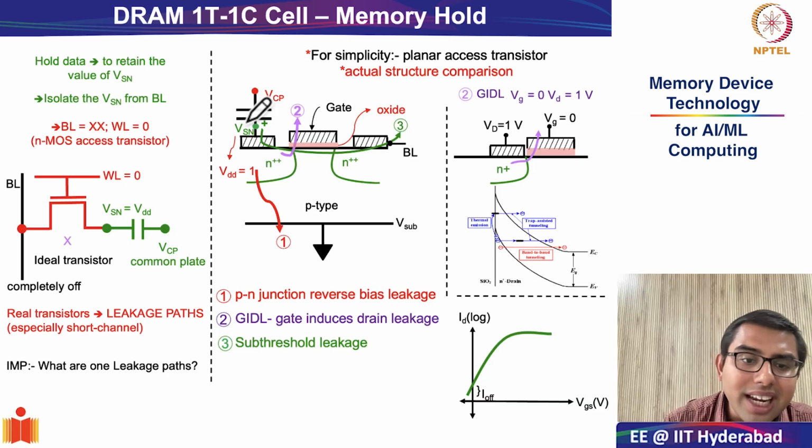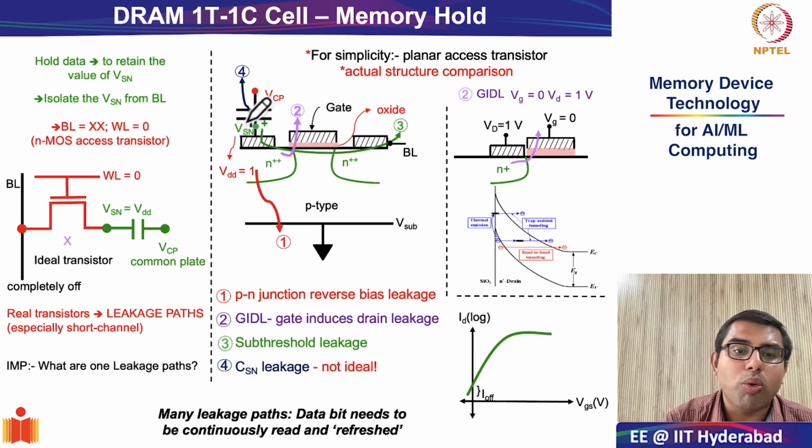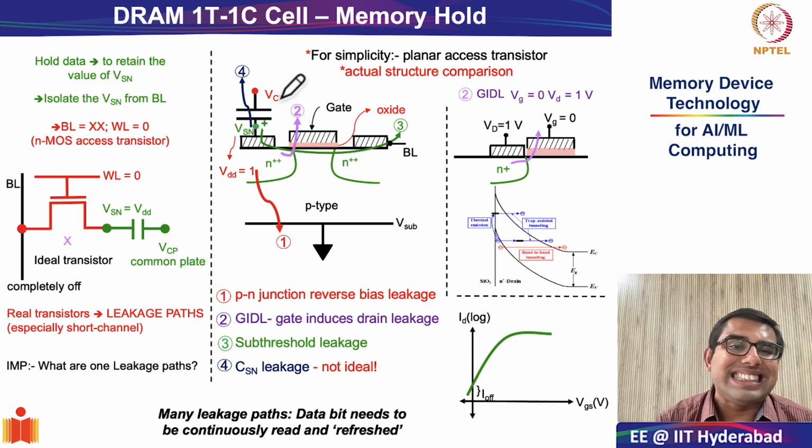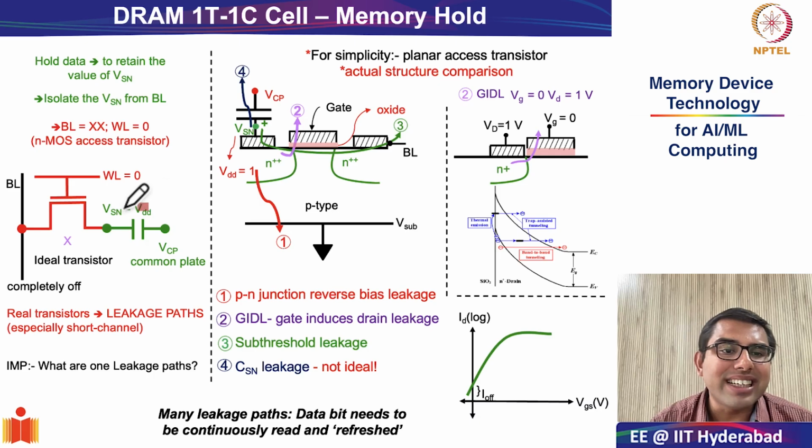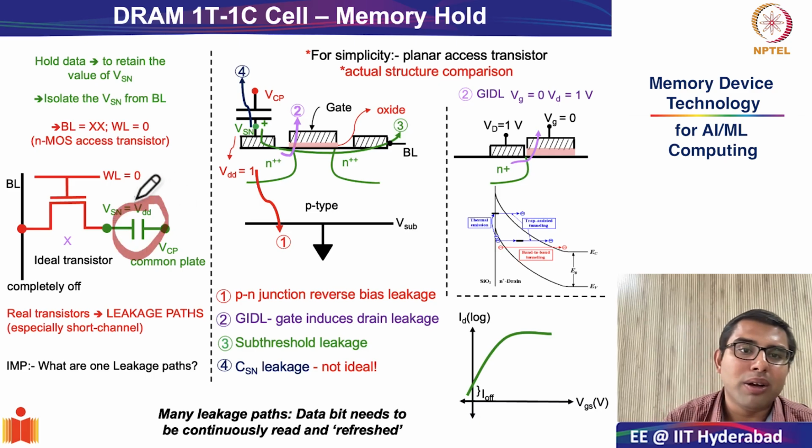And the final reason why there can be a significant amount of leakage is that all the time we were considering this capacitor to be an ideal capacitor. But as we will see, what we are doing with these storage node capacitors is making the gate oxide thinner and thinner. The reason for doing that is to increase its oxide capacitance.